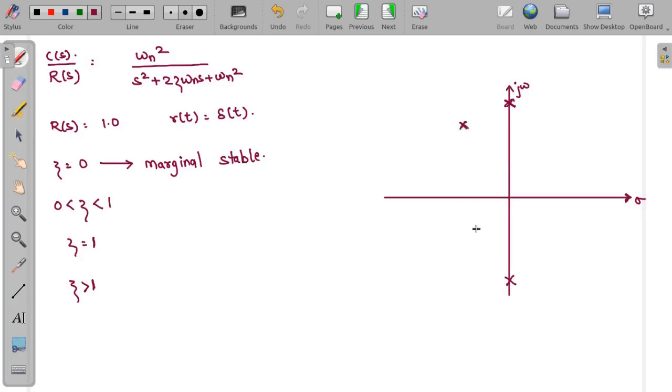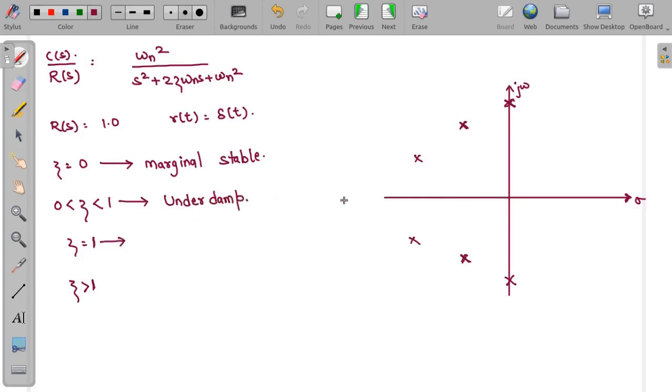So if one pole lies over here, another pole will lie over here. This type of system is known as underdamped system.